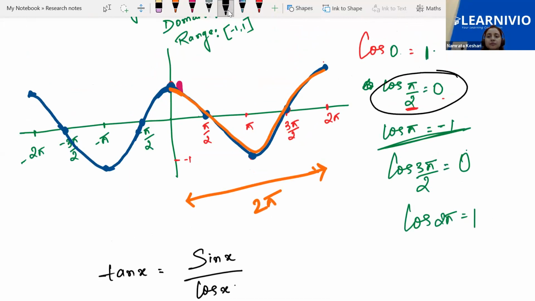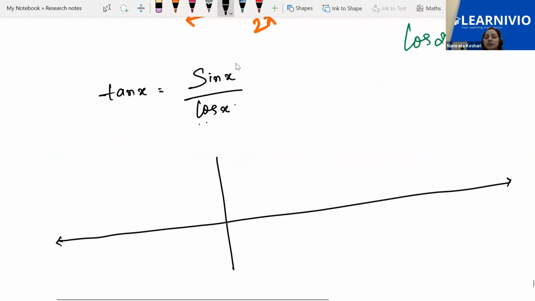Pi by 2, 3 pi by 2, 5 pi by 2, 7 pi by 2, 9 pi by 2, 11 pi by 2, minus pi by 2, minus 3 pi by 2. Cos will always be 0 at odd multiples of pi by 2. We have discussed that, right?